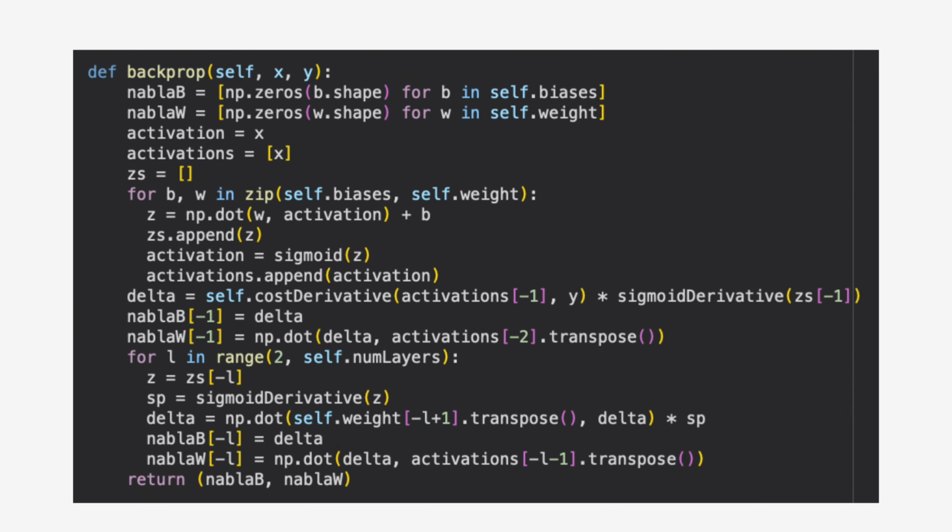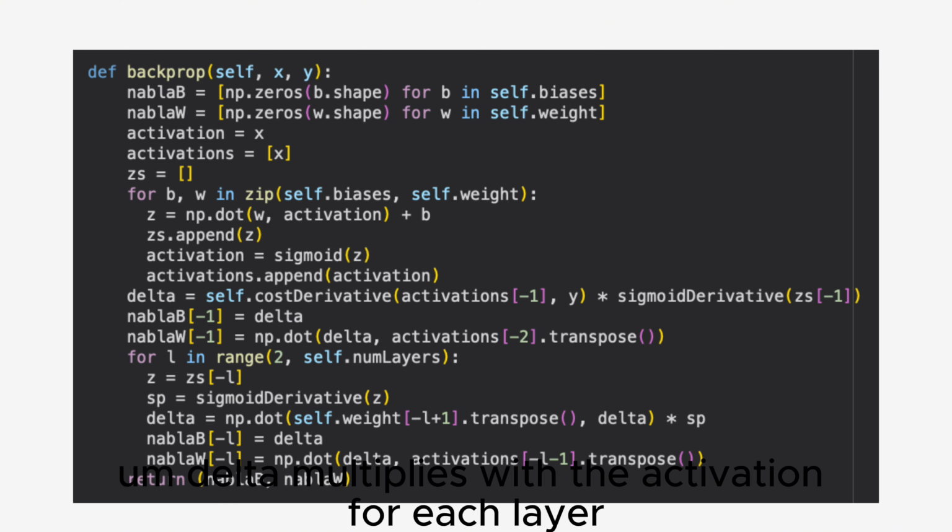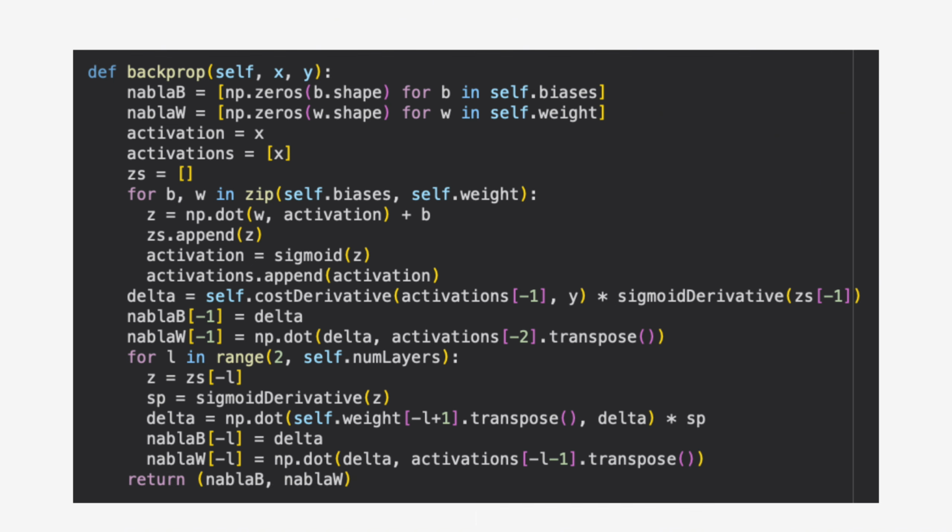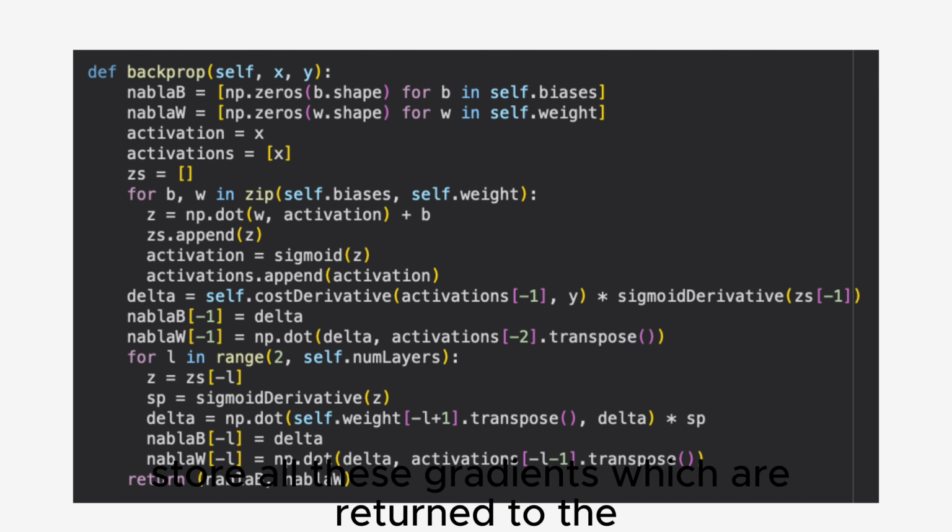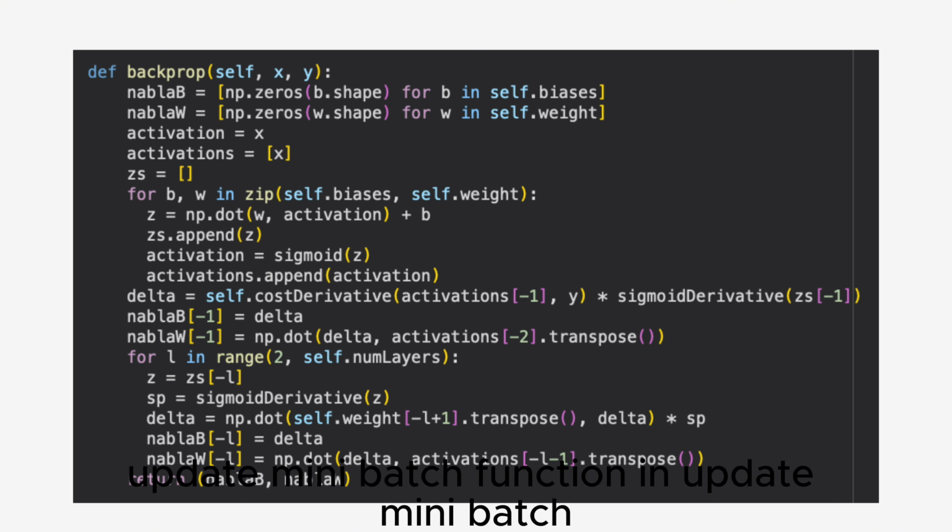Calculating nabla b equals delta and nabla w equals delta multiplied with the activation for each layer, the same way we did it. Finally, nabla b and nabla w store all these gradients, which are returned to the update mini batch function.